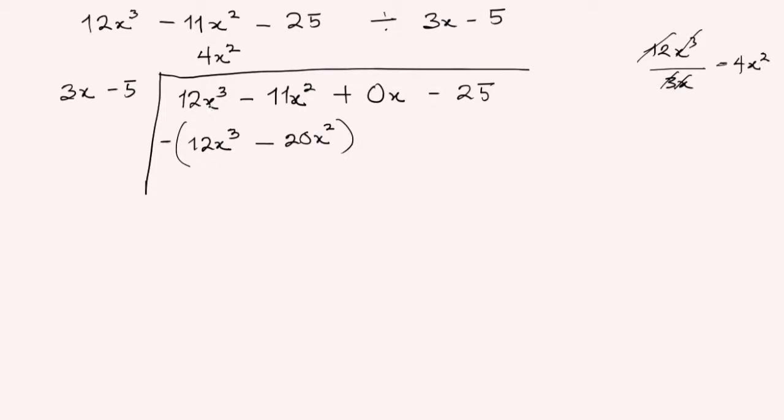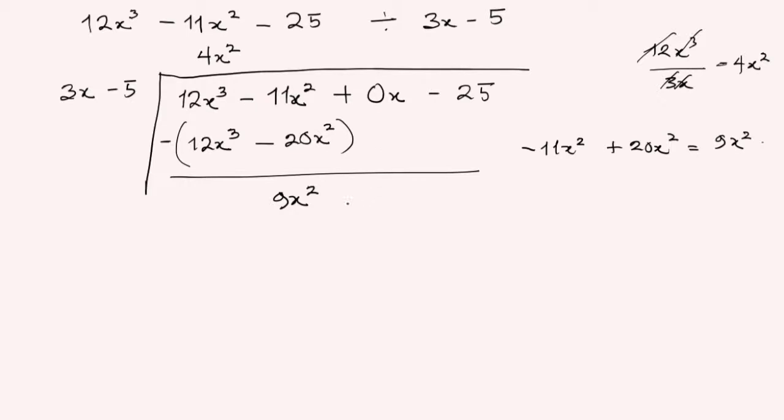So 12x cubed minus 12x cubed is going to be equal to 0. We know that. Now minus 11x squared minus 20x squared. Now this is going to be equal to minus 11x squared plus 20x squared eventually. So this is going to be minus 11 plus 20 is equal to plus 9x squared. So this is going to be 9x squared.